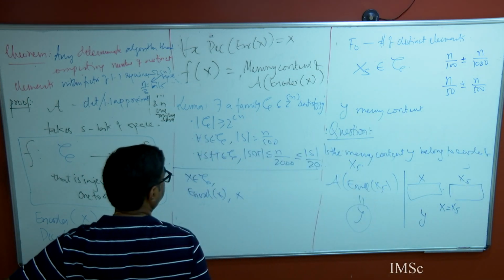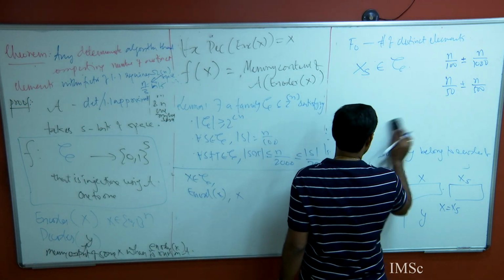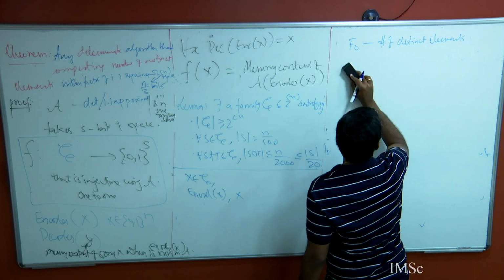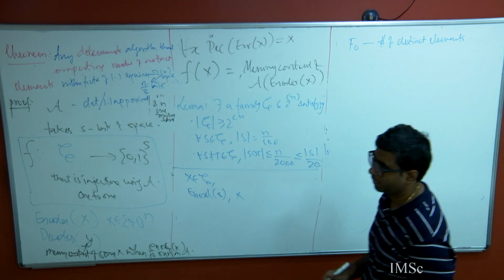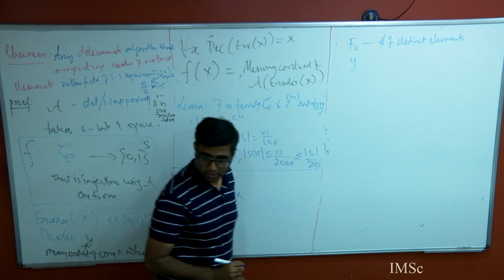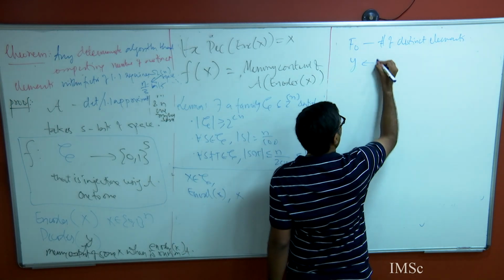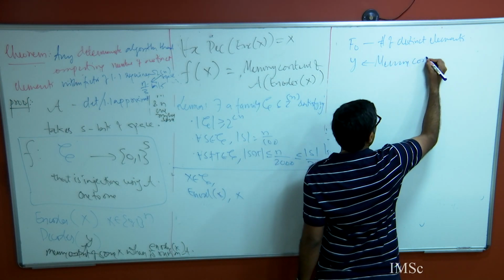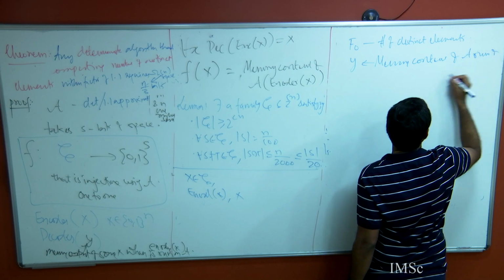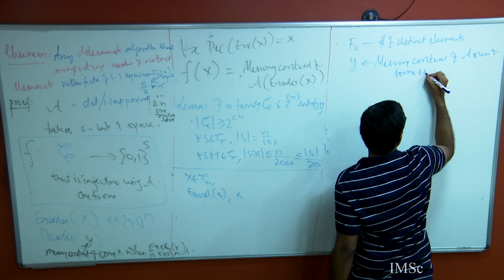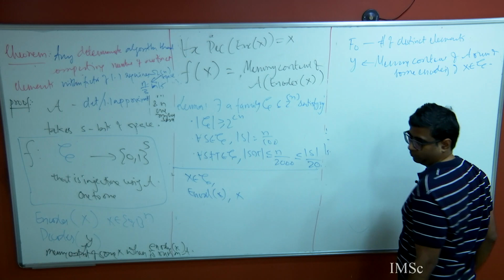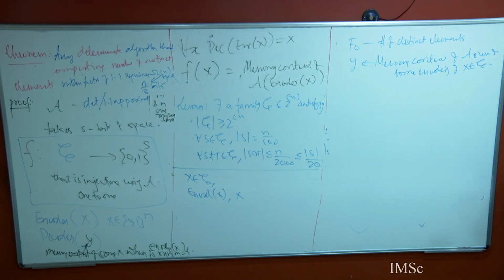So let's do decoding. As I explained to you, we will use the fact that things are nice. So what I have is F0 and Y, the memory content of A run on some encoding of X in C. And our job is to figure out what this X is.